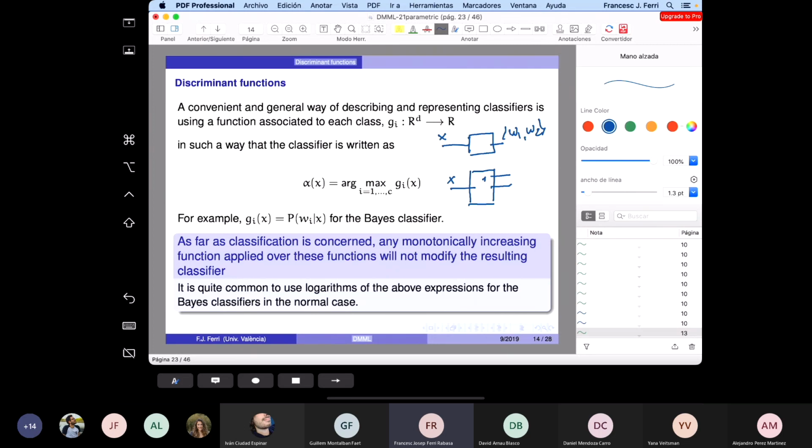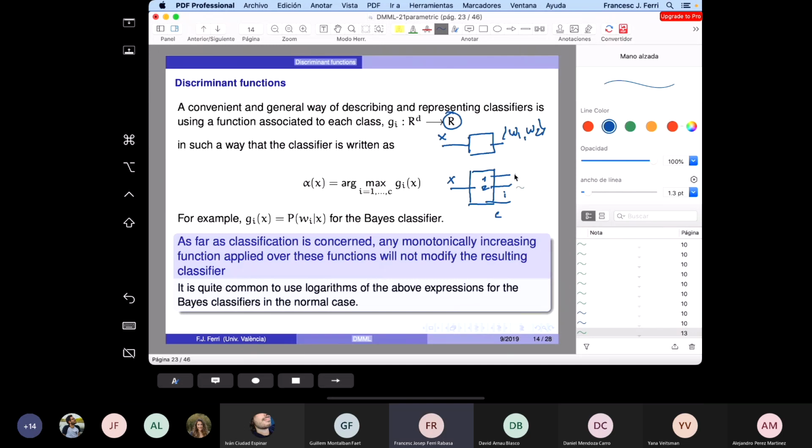Let's say class 1, class 2, up to class C. Each one of these outputs will be a real value, usually a continuous function.